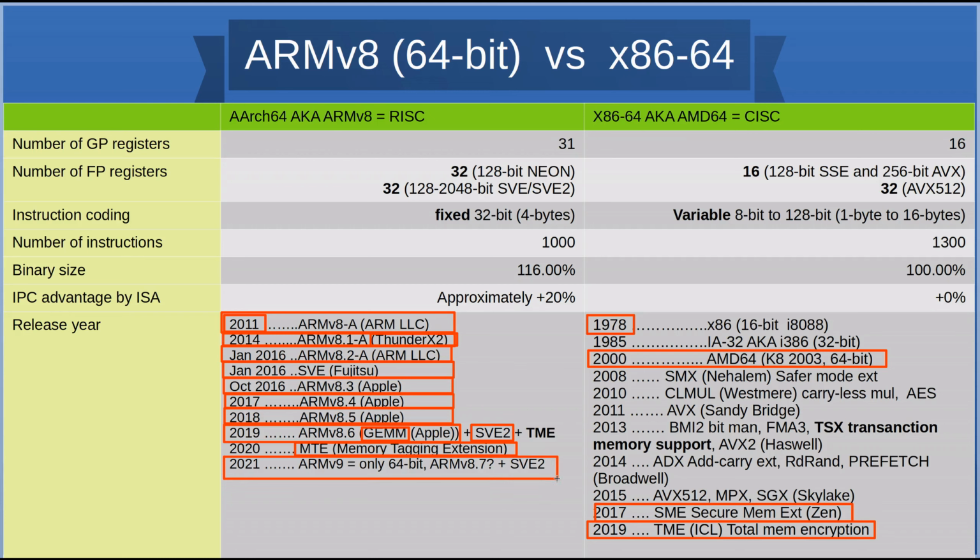We know that the Makalu core will be only 64-bit. So ARMv9 might be throwing away 32-bit compatibility, unlike the x86, which is still keeping 16-bit and 32-bit backward compatibility. But ARM is throwing away the backward compatibility here in the name of high performance.